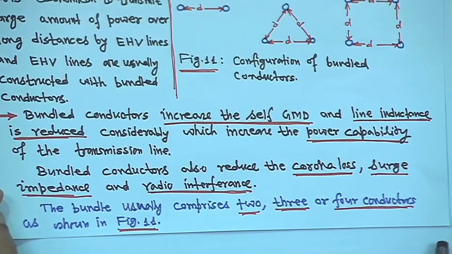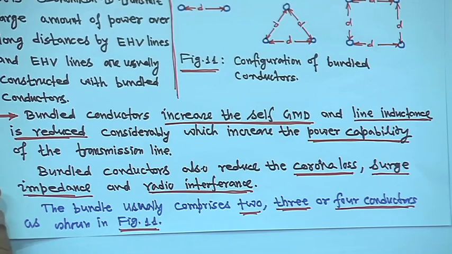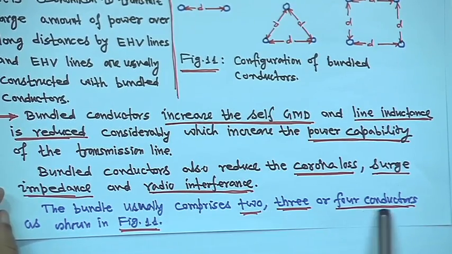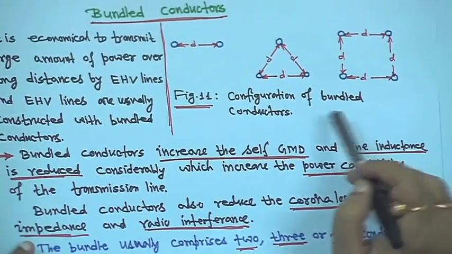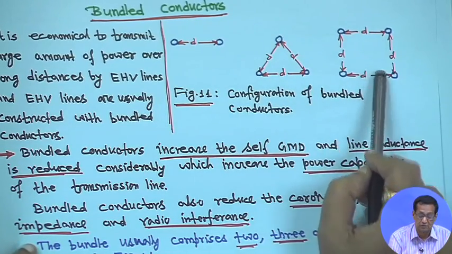Bundle conductors also reduce the corona loss, surge impedance and radio interference. Bundle conductors usually comprise 2, 3 or 4 conductors as shown in figure 11, though it may be more also.